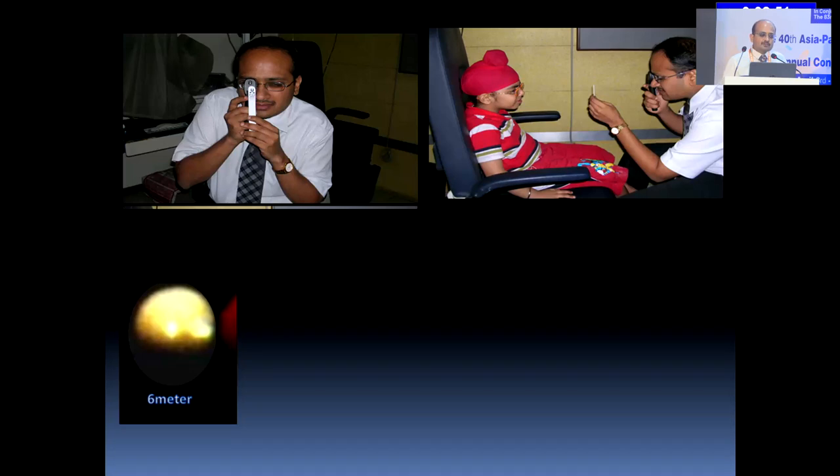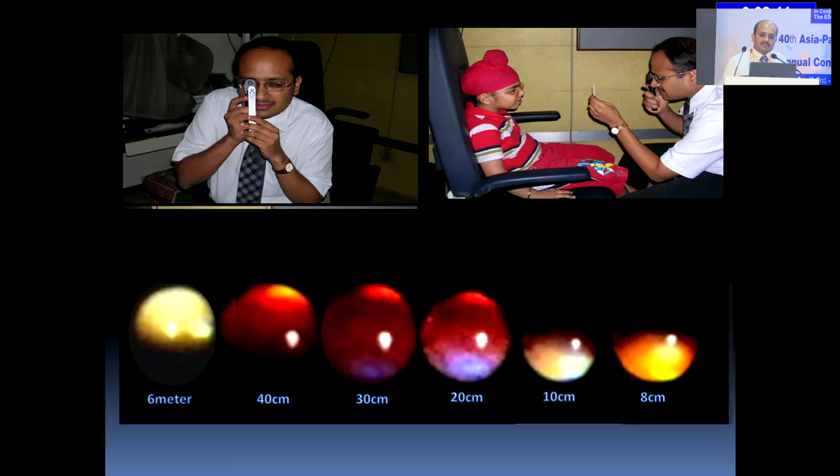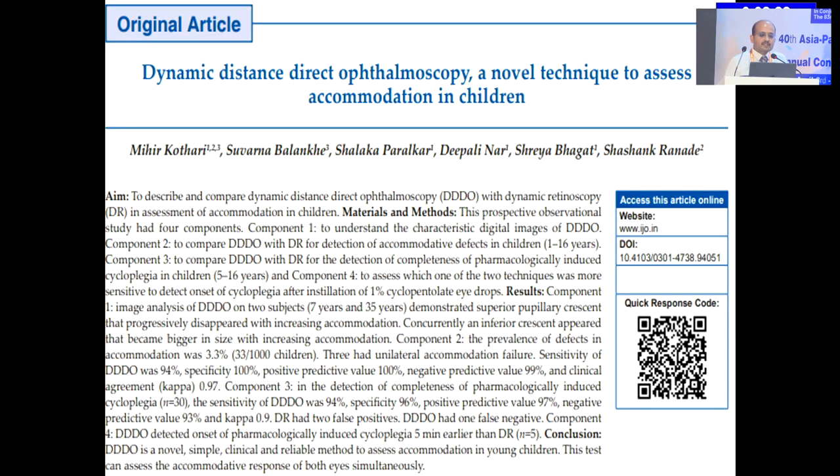What you will see in the pupil is a disappearance of a superior bright crescent and appearance of a large inferior crescent as the object of interest approaches the child's eye. This is quite well demonstrated in this particular video, in which when the child is looking at distance, the crescent is superior, and the bright crescent suddenly changes to an inferior bright crescent, and the size of that crescent keeps increasing as the child keeps increasing its accommodation.